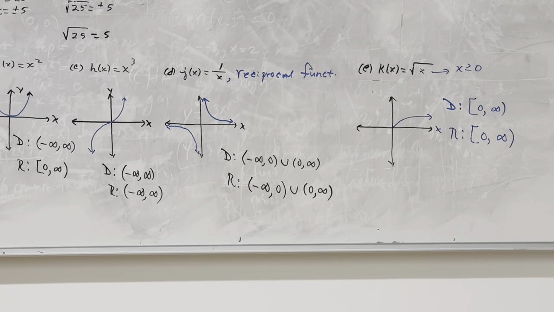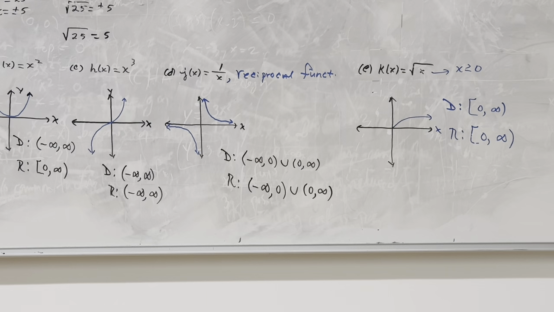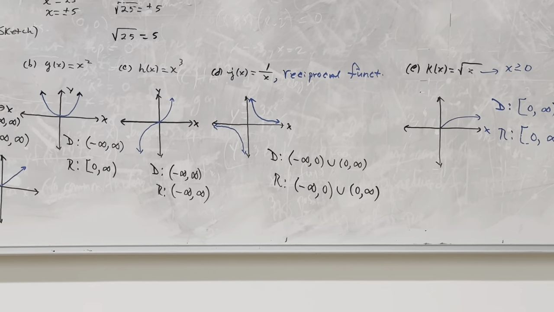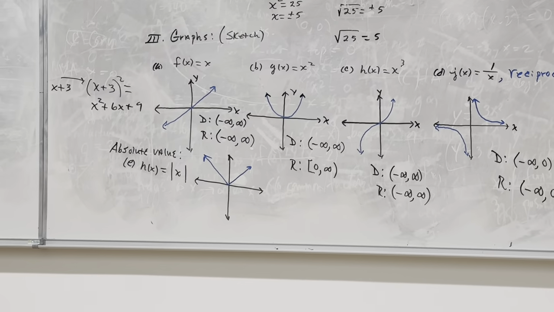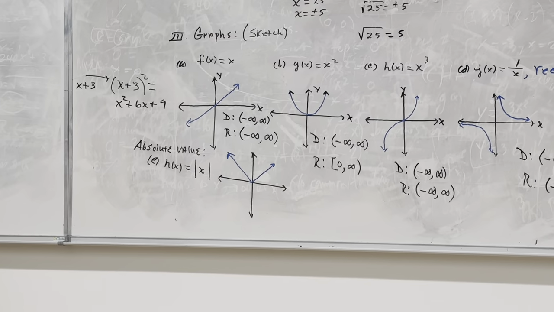Let me erase this and do something with you. I think I have a handout I want you to work on. Let's call this part 4. I'm gonna draw a graph for you. I'll sketch a graph and then show you what I want done to this graph.